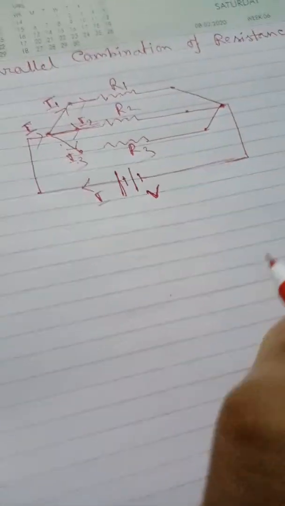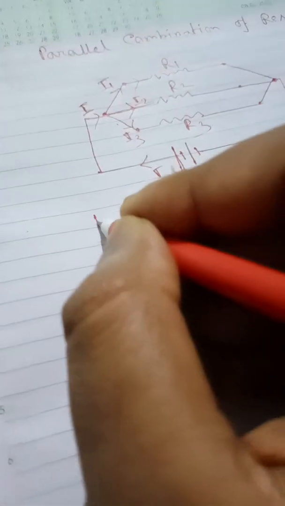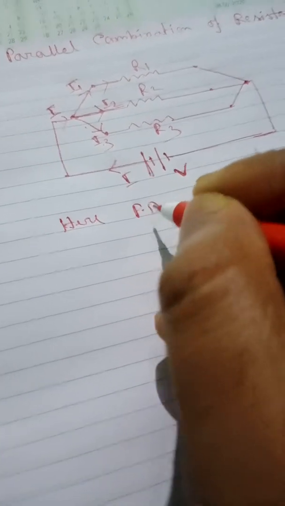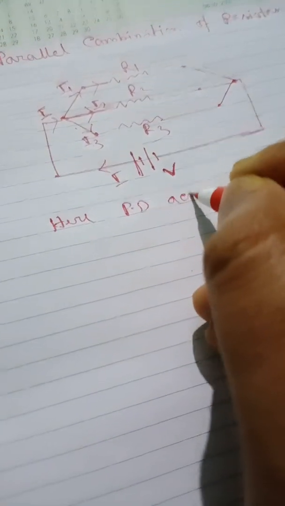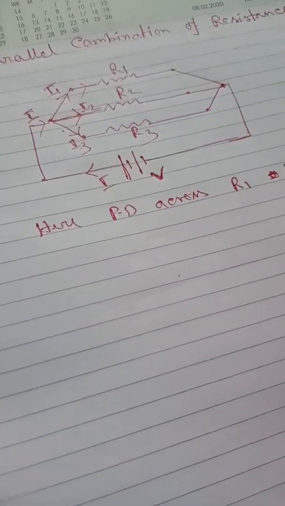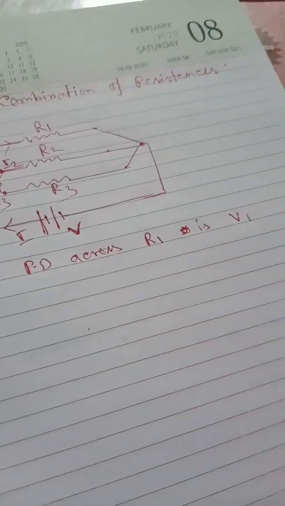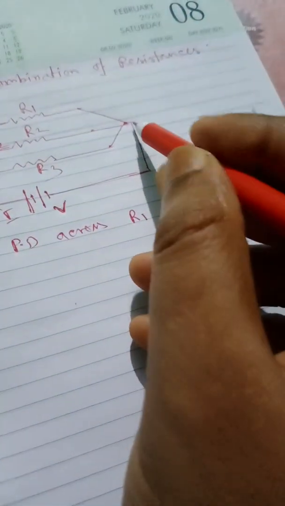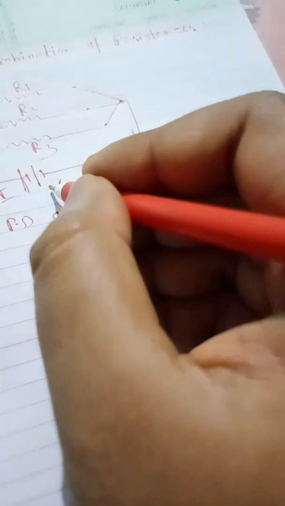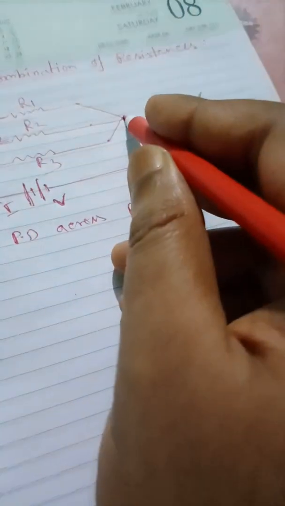That means here the potential difference across R1 is V, because the two ends of the battery are also connected to these points.